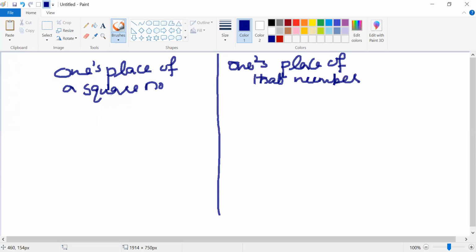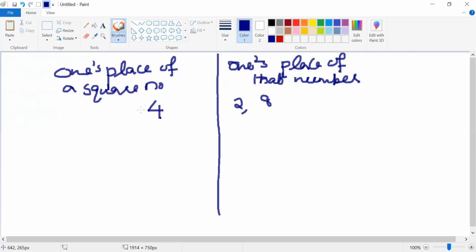This is the ones place of a square number. Suppose a square number ends in 4. So the ones place of that number, the number whose square ends in 4, can be either 2 or 8. Either 2 will come or 8 will come.